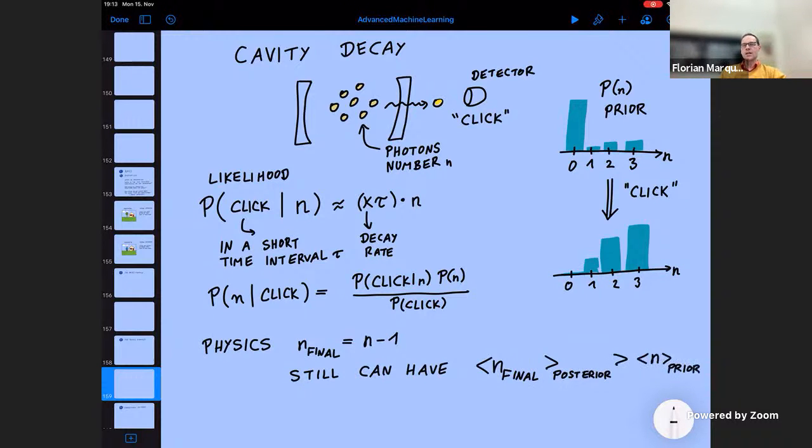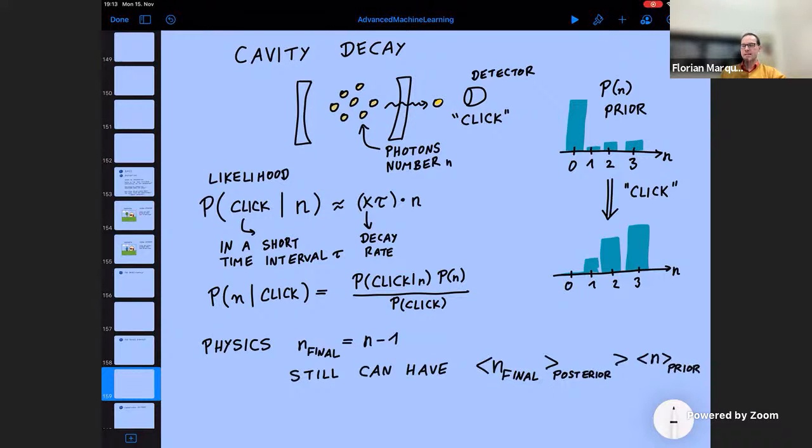So even taking into account that I'm taking out one photon in order to get the click, after the click, on average, I have more photons in the cavity than before the click. And when I first saw this many years ago, of course, it's a well-known phenomenon, I was really puzzled. But you understand it because you know Bayes.